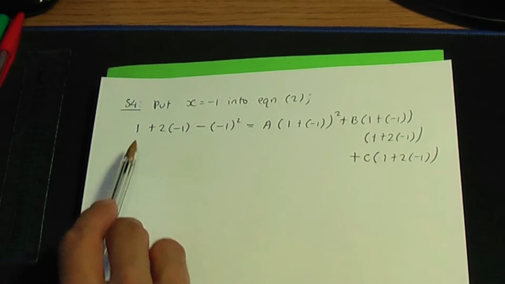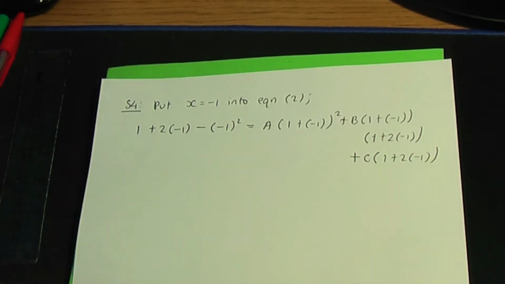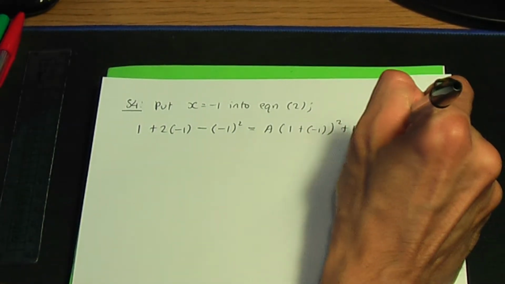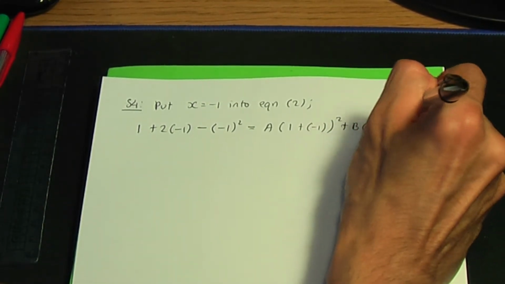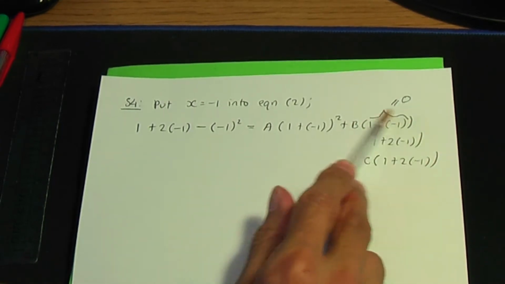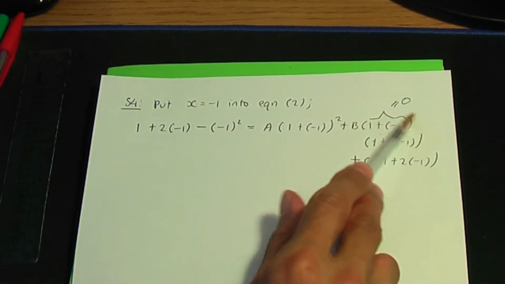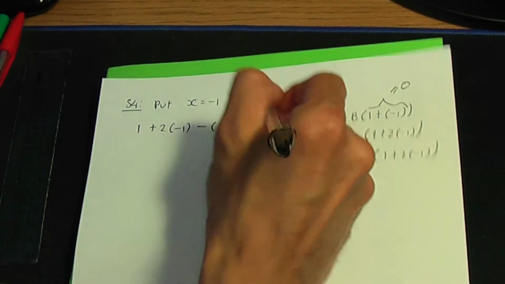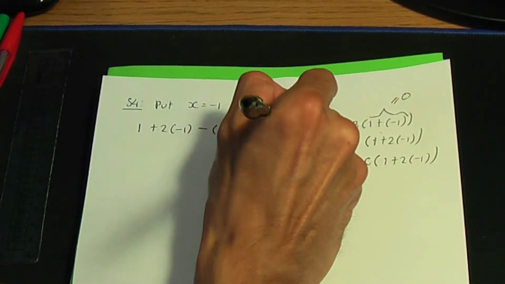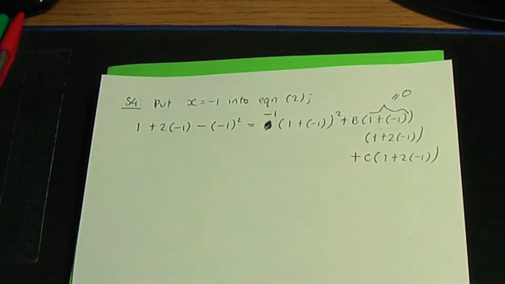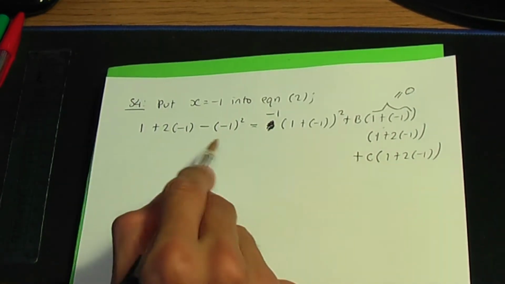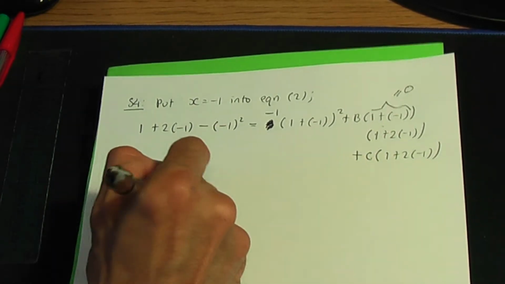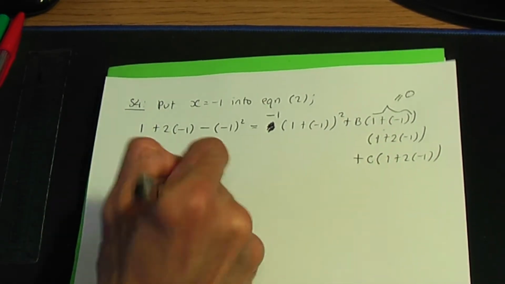When we simplify this, the reason we chose x as minus 1 is because the 1 minus 1 here is 0, and that cancels the b term. We know the a term already, a is minus 1, so let me replace that. When you simplify and calculate c, you might find that the value of c is 2.